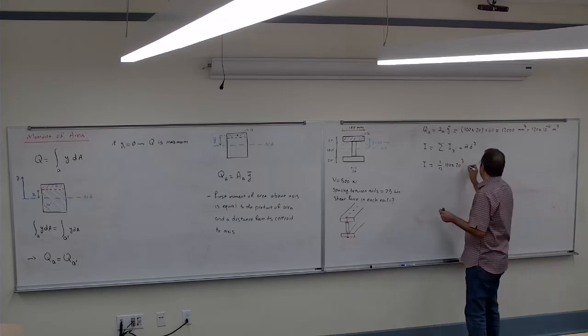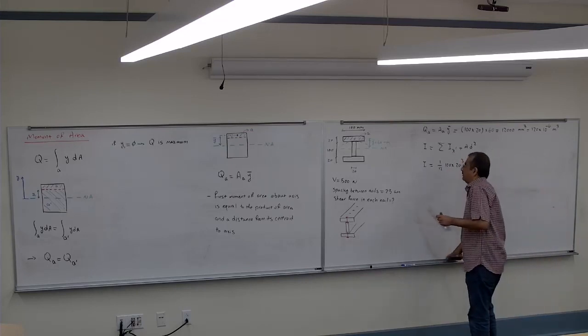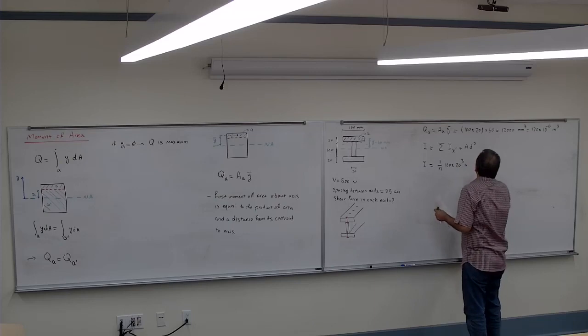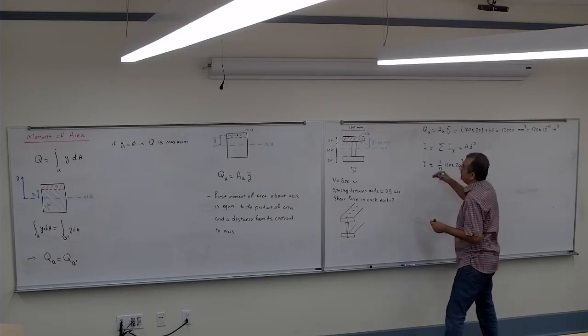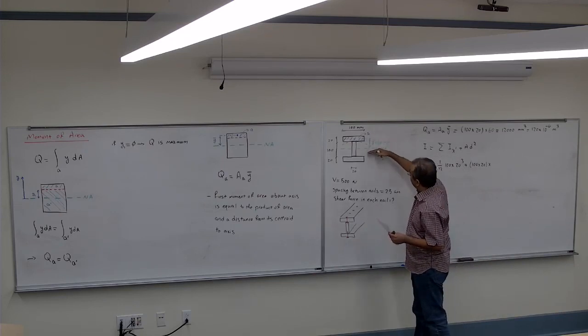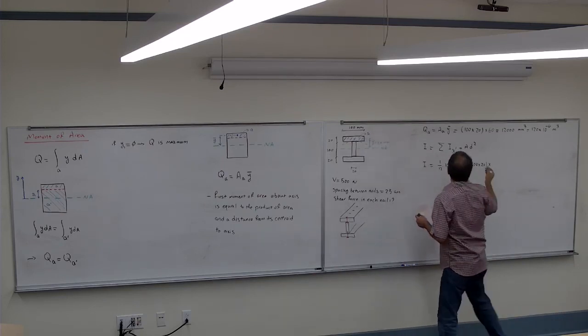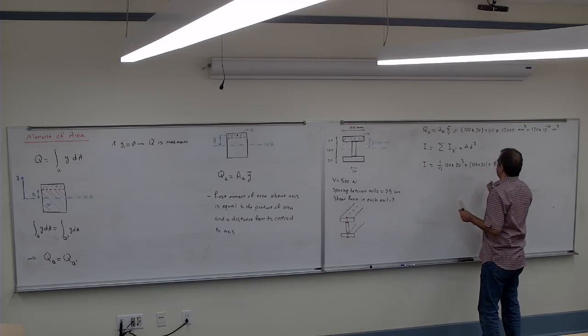Plus the area, 100 times 20, times the distance between the centroid and the axis, that's the D, which is 60 squared.